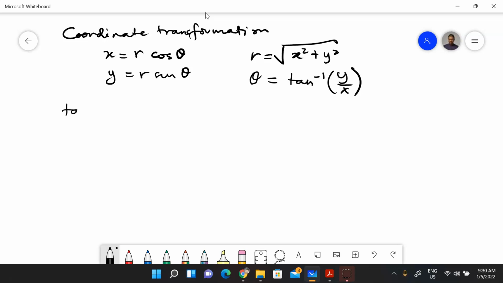So I'm going to put tangent theta equals y over x. If I do a differential of this equation, or I could even differentiate it straight away, secant squared theta is the derivative of tangent theta with respect to theta.